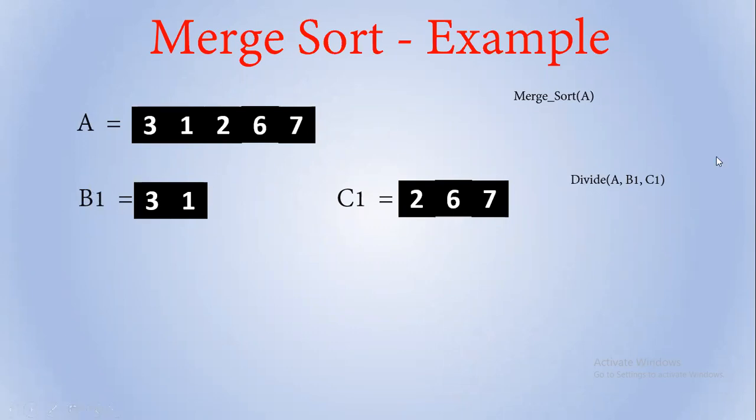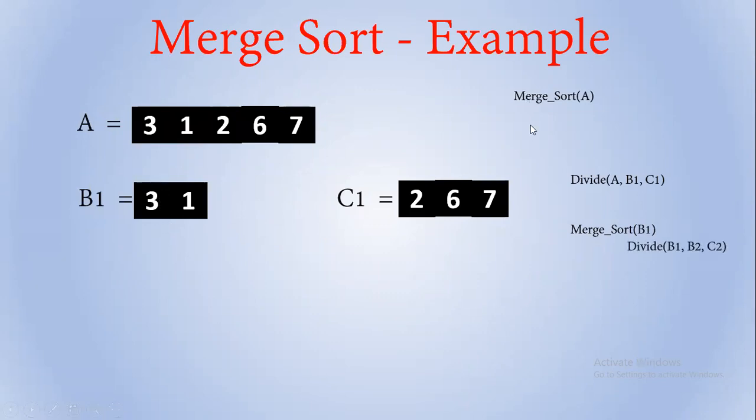After that division operation, merge sort is called on this B1. Merge sort B1. That is how we studied this algorithm last week. When merge sort B1 is called, it will have its own merge sort function, so it will divide again.